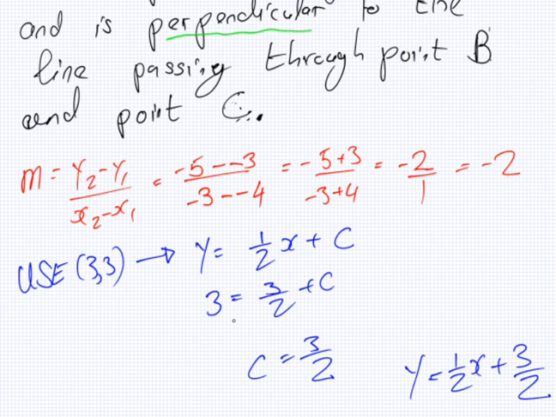Originally the slope was minus 2, or minus 2 over 1 basically. So then it becomes 1 over 2, and the minus becomes a plus. When you flip minus 2 over 1, that's 1 over 2, and the minus becomes a plus. So that's why the m is a half. Okay, this is okay?